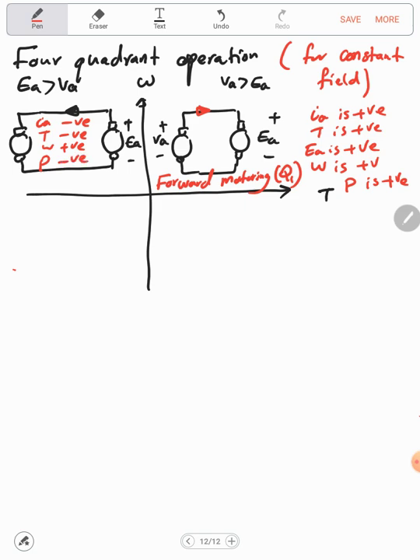So the machine here is acting as a generator, or what we call the forward regenerative braking. And this will be Q number 2.